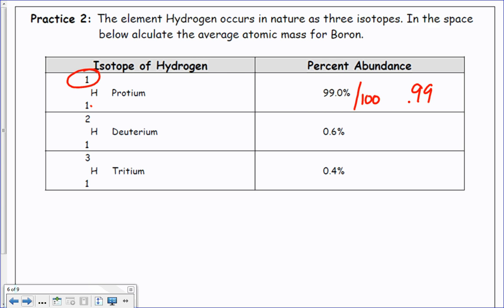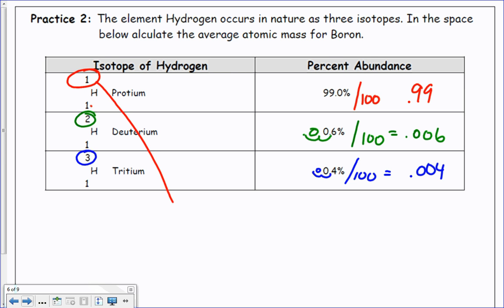And then I have 2, and divide this by 100, and I get 0.006. And this mass is 3. Divide this one by 100, and I get 0.004. So now I can start adding or multiplying these things in.